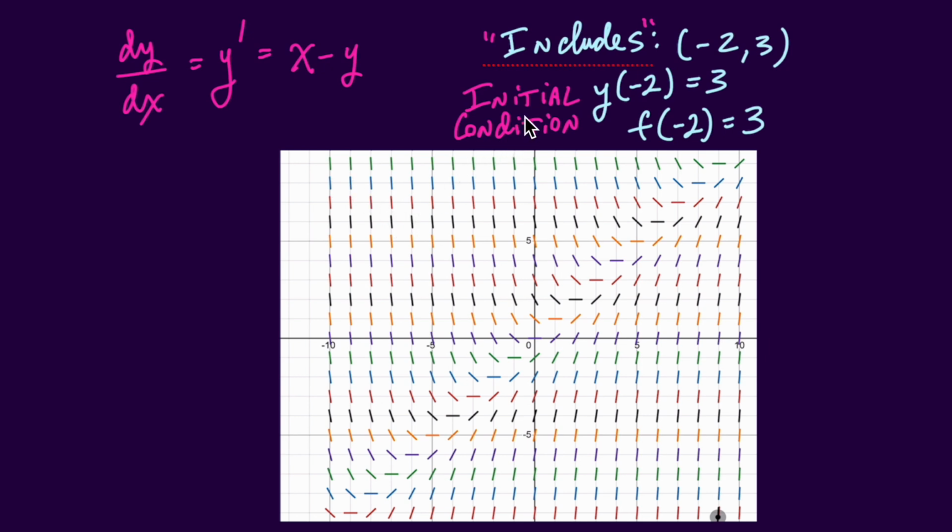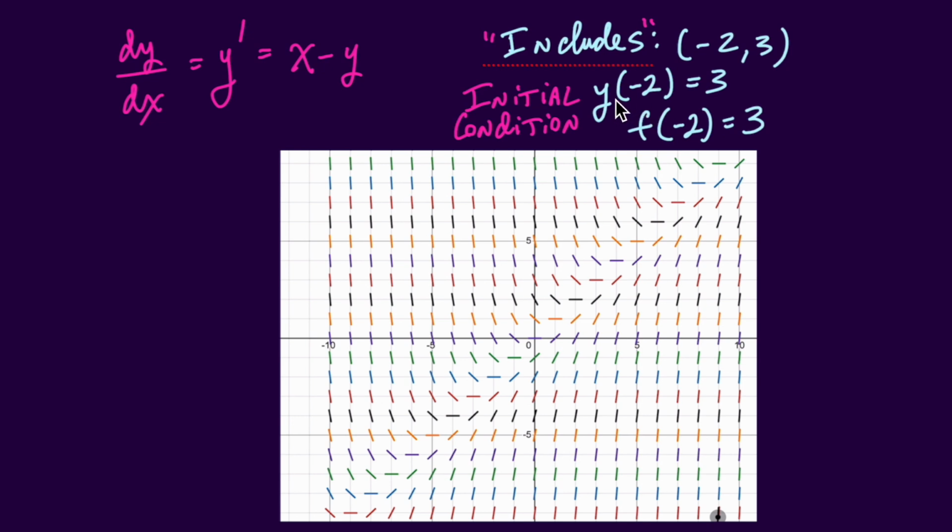Let's now go back to this differential equation for which we have a slope field and see if we can find a particular solution that includes the point (-2, 3). You'll also see it in a problem on your homework or quiz written as satisfies the initial condition y(-2) = 3 or f(-2) = 3. This is very confusing.